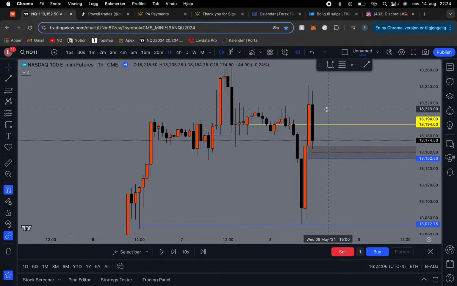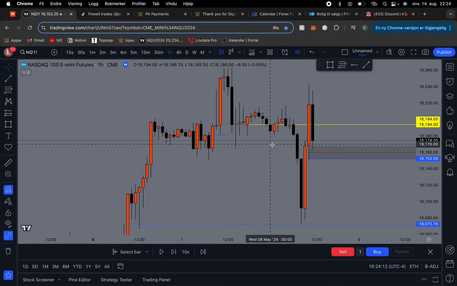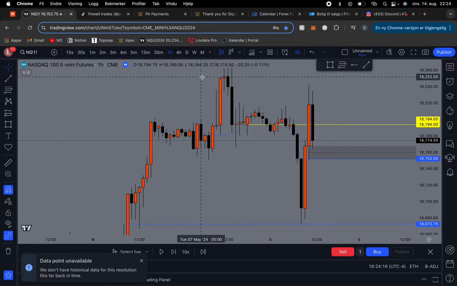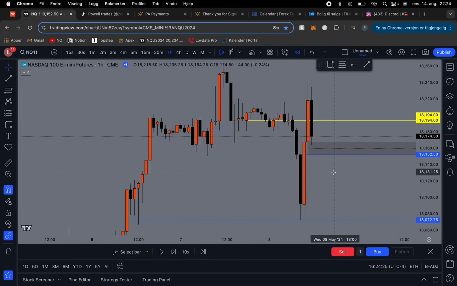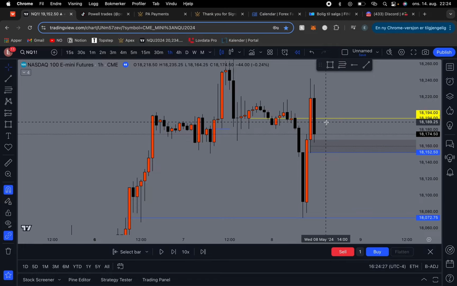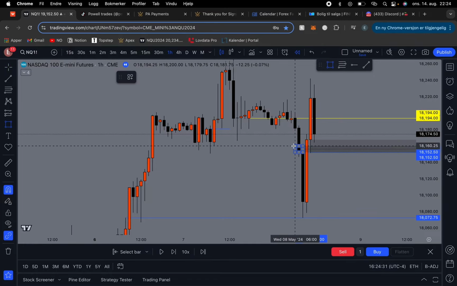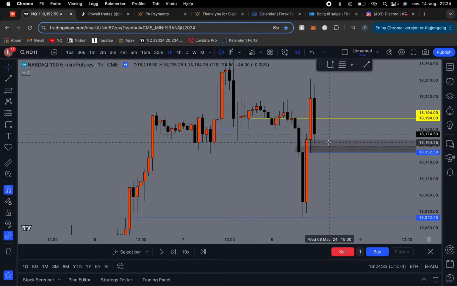And what's also nice is if you get this paired with an inversion. So let's see if we can. Okay, we don't have historical data for this resolution. Okay, I guess not. Anyways, let's say there was a tiny FEG right here.